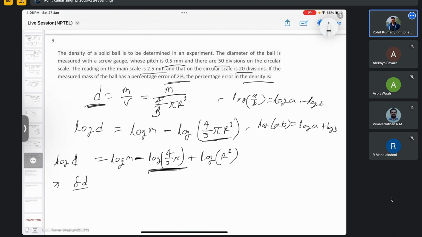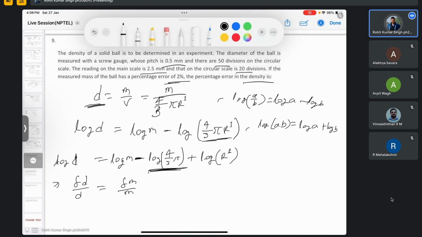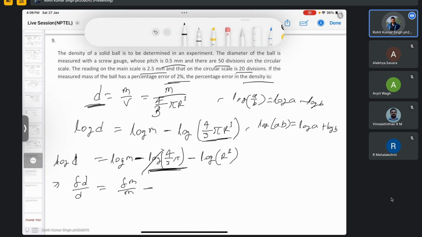So delta d by d equal to delta m by m. Yeah, this will also be negative, by the way. Yeah, this will be 0 because it's constant.